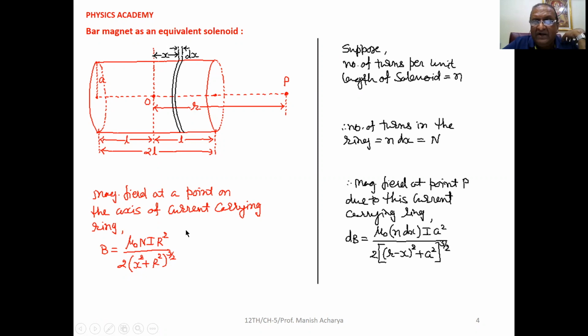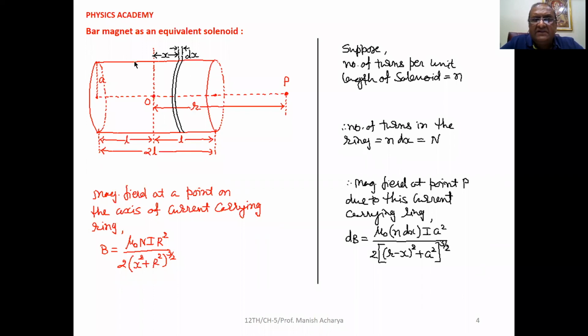So from this particular equation, we prepared the equation for the magnetic field at point P due to the ring under consideration. Clear to all of you?